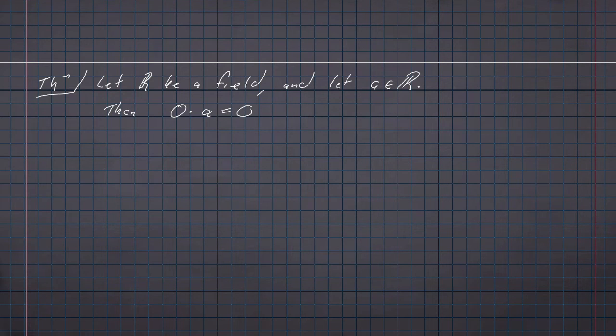That's not something that is guaranteed in the definition of a field. That's something that we have to establish. And we can do that by using the properties that we already have.